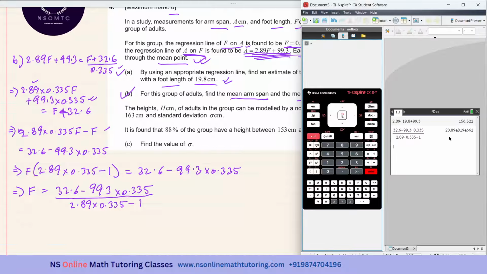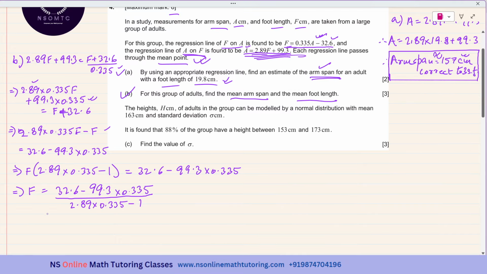Enter. 20.89 and all. So correct to three significant figures, it will be 20.9 centimeters, the foot length, okay. So therefore, F equal to 20.9 centimeters, correct to three significant figures, okay.